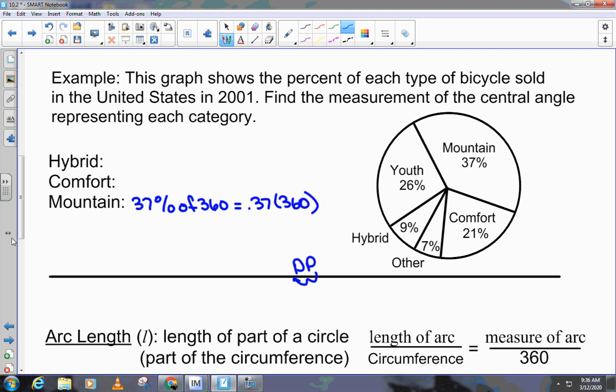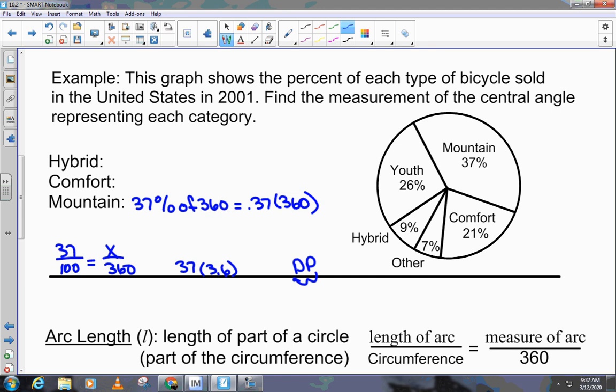Some people like to do is over of equals percent over 100. So you were right when you said 37% out of 100. So you could do 37 over 100 equals x over 360. If you like to do it like that, that's fine. Some people, they like to move the decimal on this and do 37 times 3.6. Okay? 3 ways you can do it, whatever you're more comfortable with. Okay?